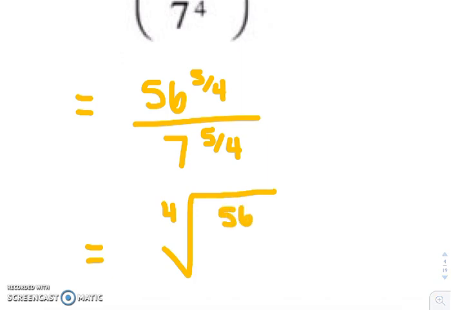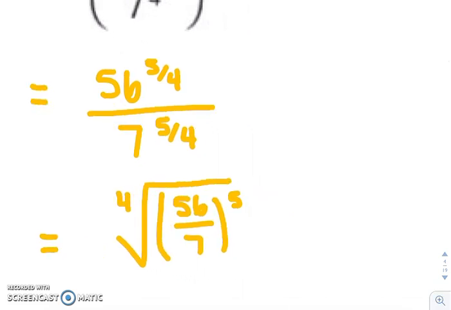So we could do 56 over 7 to the 5th power. Well, you can divide 56 by 7, correct? 56 divided by 7 is 8. So this ends up being 4th root of 8 to the 5th.